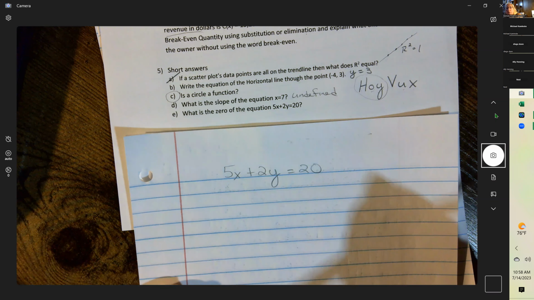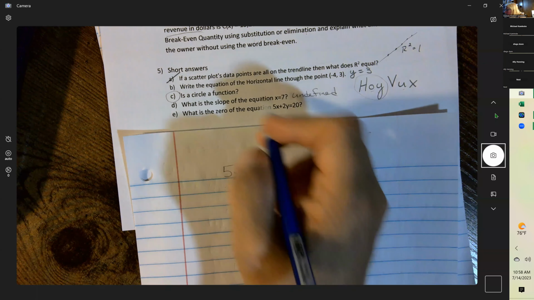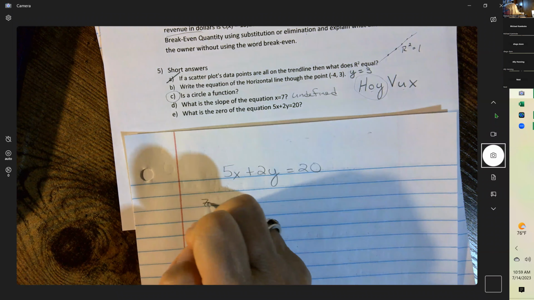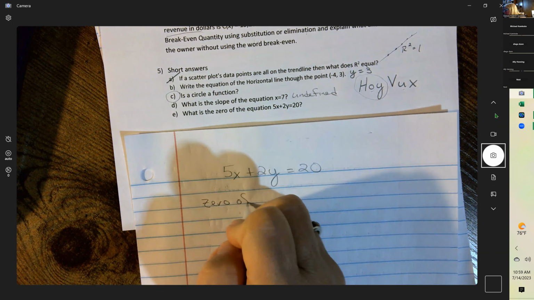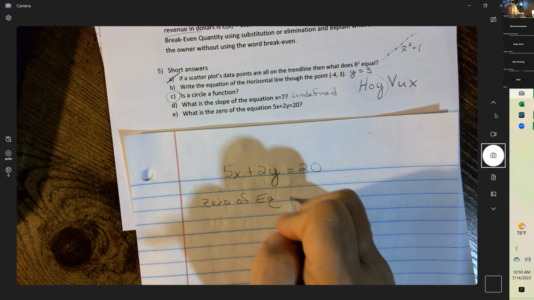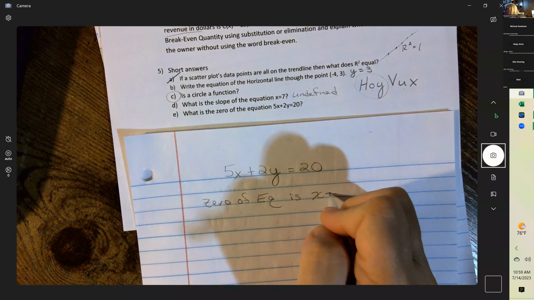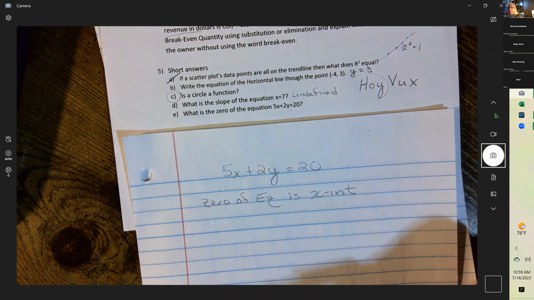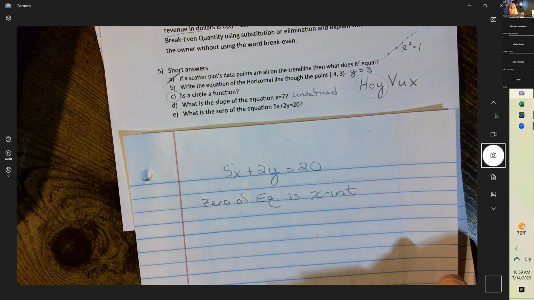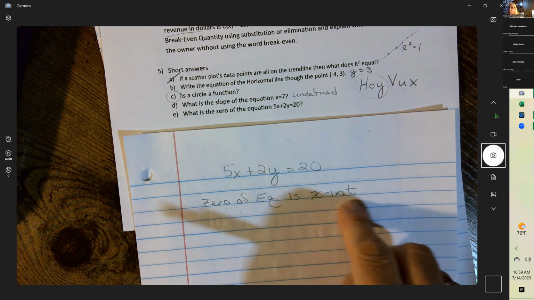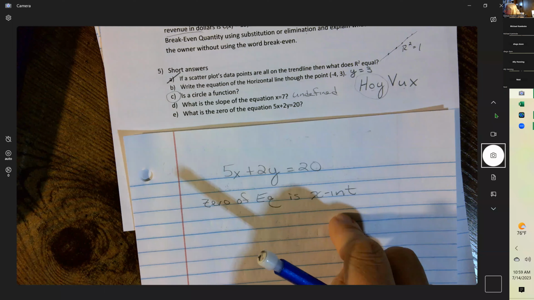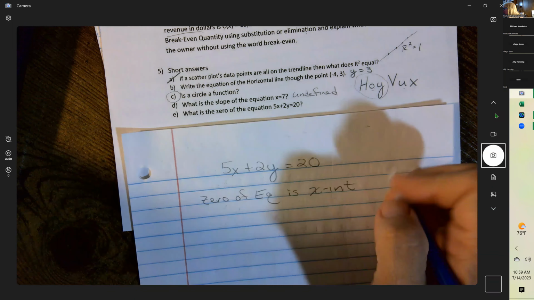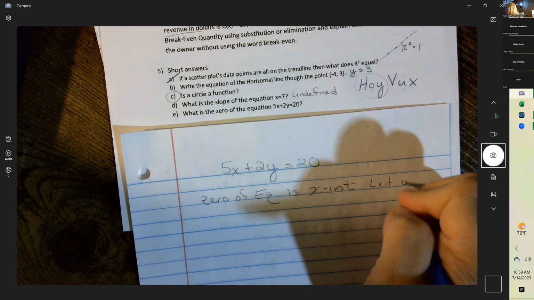What is the zero of the equation? The zero is the same as x-intercept. X-intercept, we let y equal 0.